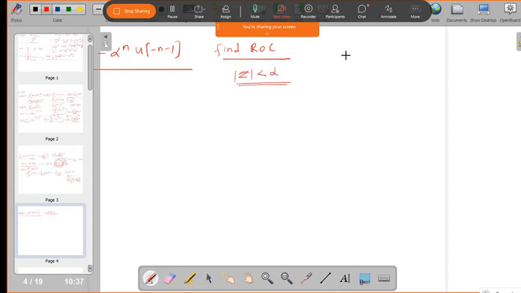So your region of convergence will come like this, within the value of alpha. If you take the real part of z and imaginary part of z, you will get the alpha value as the region of convergence, which is z less than alpha. Okay.